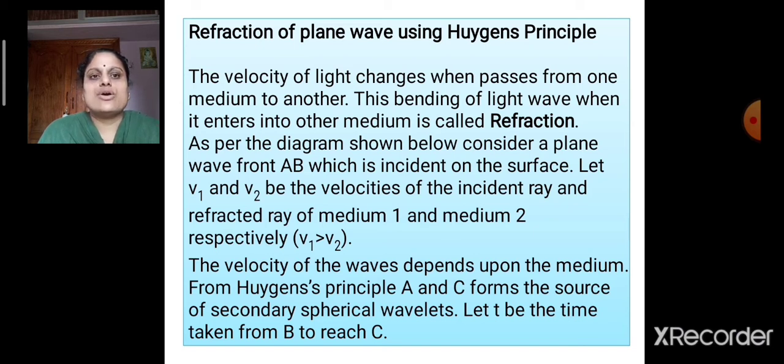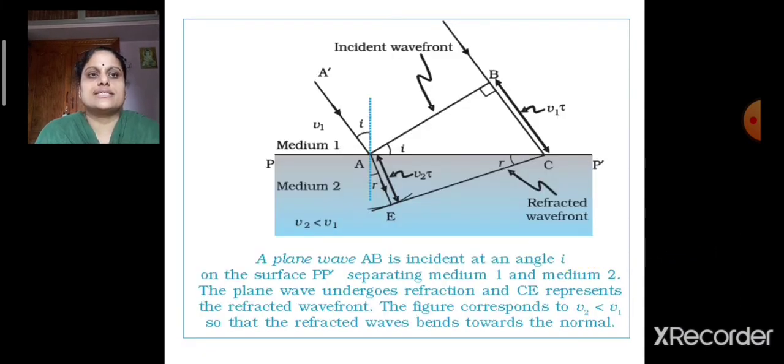The velocity of the waves depends upon the medium. From Huygens principle, A and C form the source of secondary spherical wavelets. Here we have taken the time to be tau in moving from the point B to reach the point C.